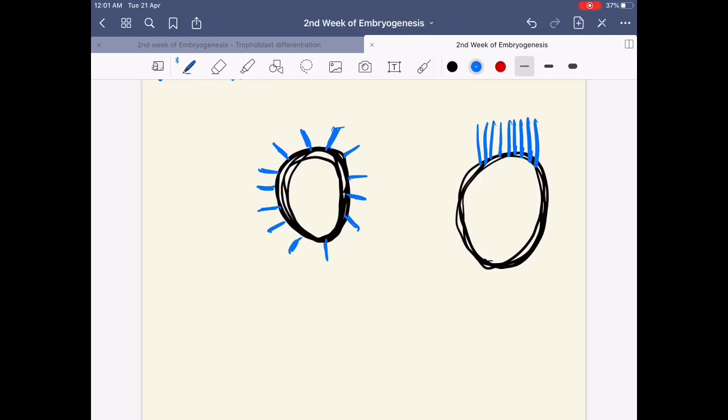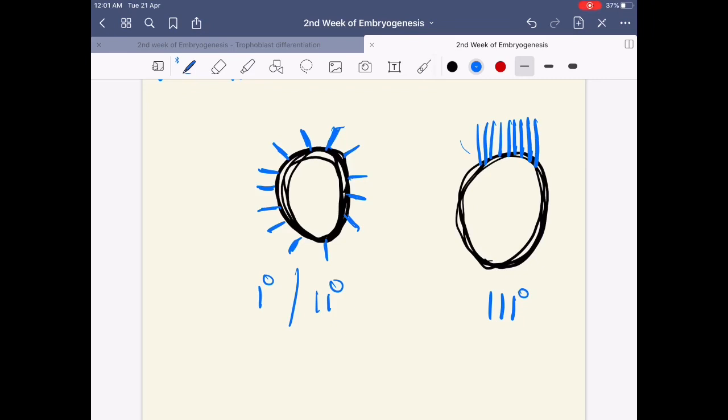Okay, I am saying this very slowly so that you can understand. So the primary villus as well as the secondary villus, they are forming all around the blastocyst. I hope you can see this. But the tertiary villus, it is formed only at that portion of the future connecting stalk.